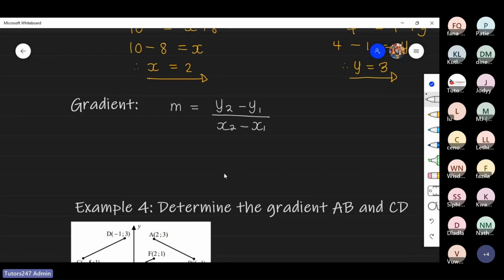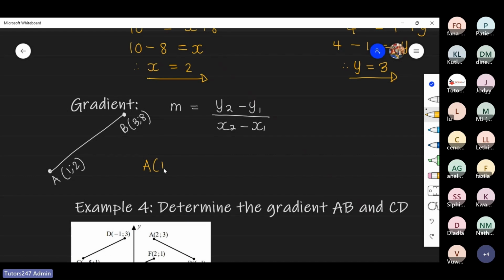So let's do a quick example. Let's say we've got this line that's got coordinates A, which is 1 and 2, and coordinates B, which is 3 and 8. If we need to calculate the gradient of that line, what we are now going to do is write out the coordinates so we can decide which is going to be our x1, x2, and which is going to be our y1, y2.